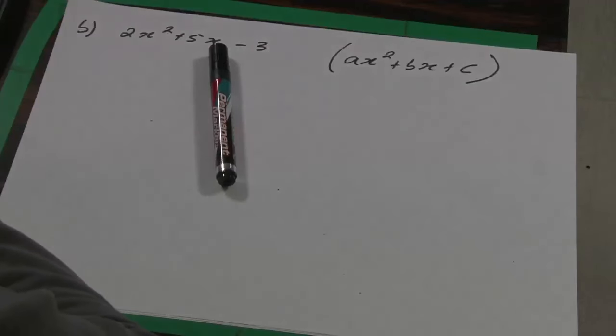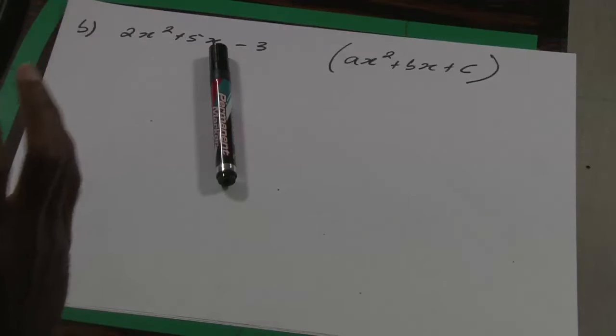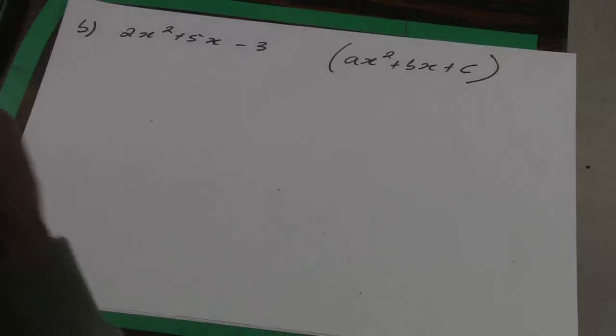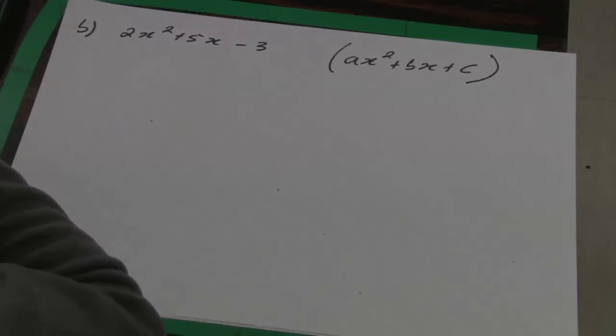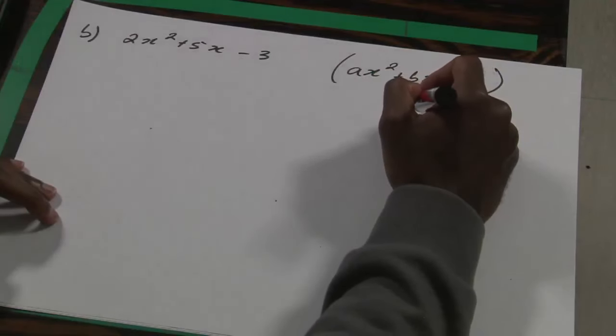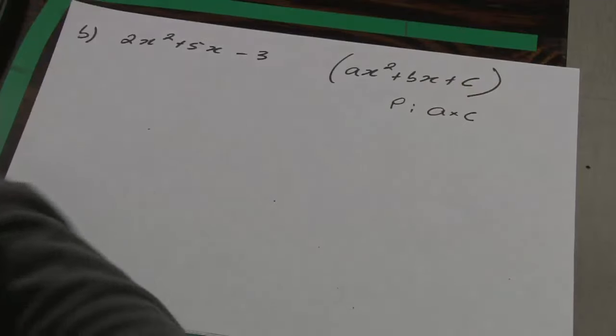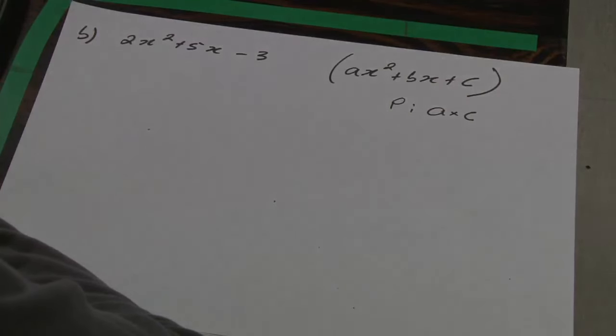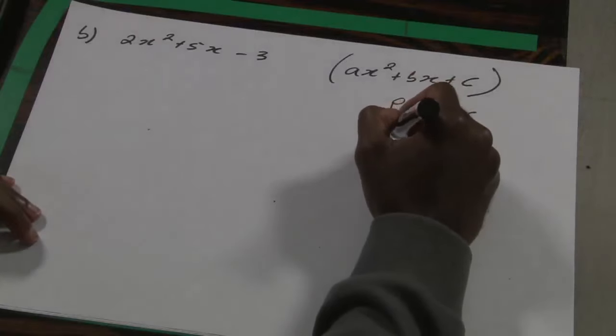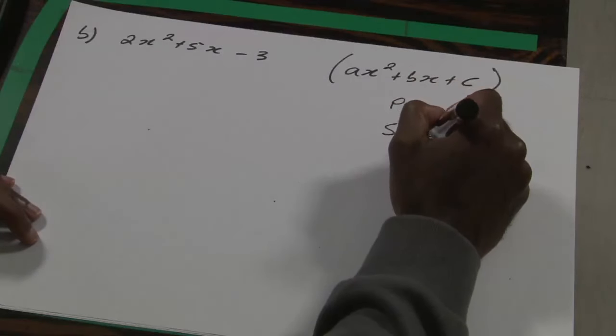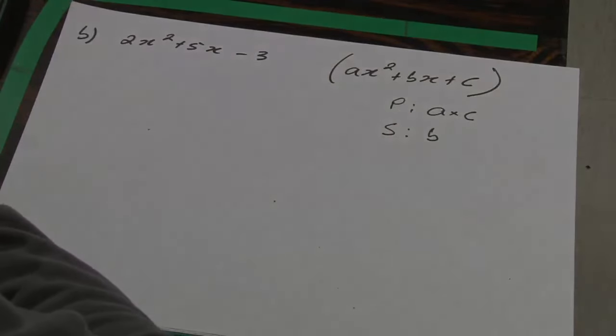Good. Now, how do we factorize an algebraic expression? There may be other methods, but the method that I use is the product-sum method. Now, the product in this case is your a multiplied by c. That's your product. And then your sum is b.